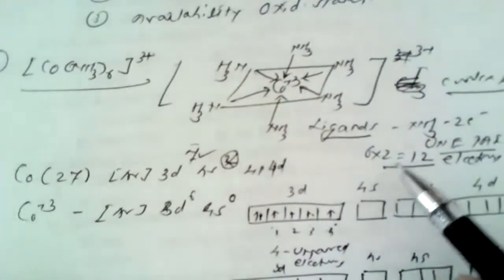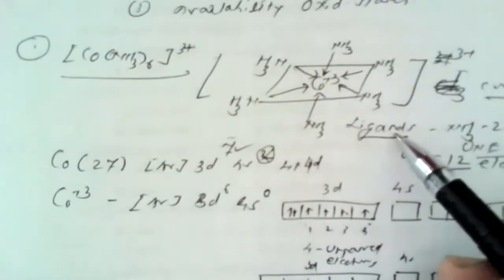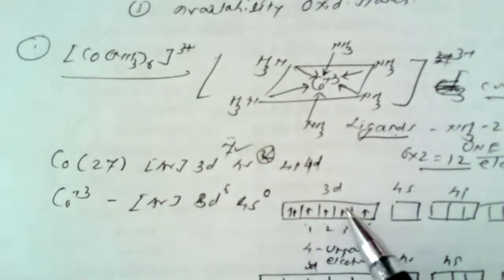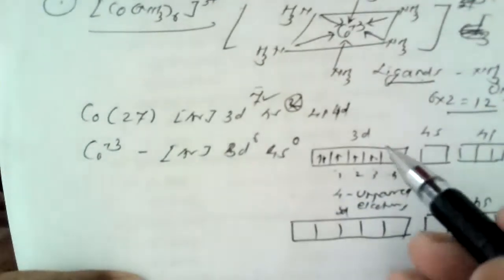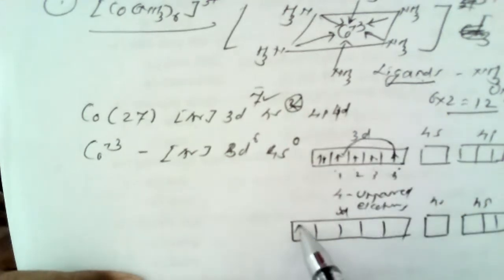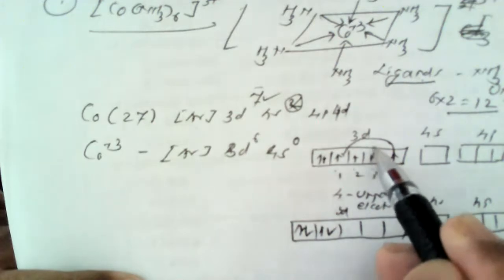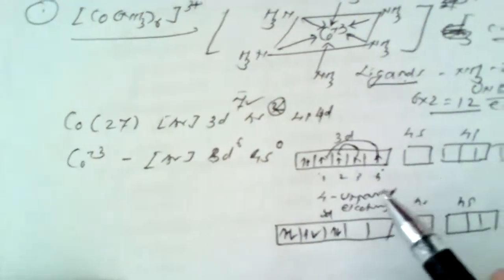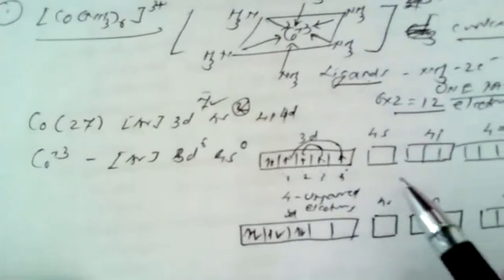So, due to the approach of 6 ammonia molecules with the orbitals of this cobalt, those electrons which are unpaired are paired like this. This electron gets paired up here, this electron gets paired up here, which makes available inner 3d orbitals.